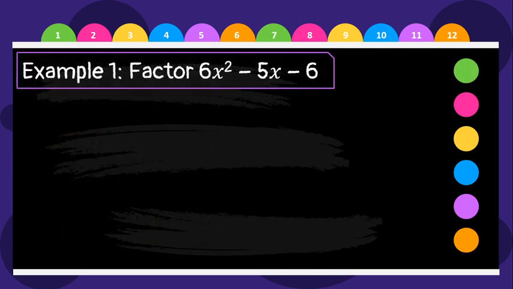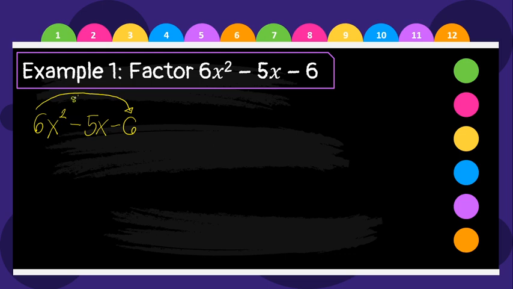Let's have an example. Factor 6x squared minus 5x minus 6. The first step is slide. So I'm going to write here 6x squared minus 5x minus 6. Slide means you're going to slide the first term to the last term and multiply.